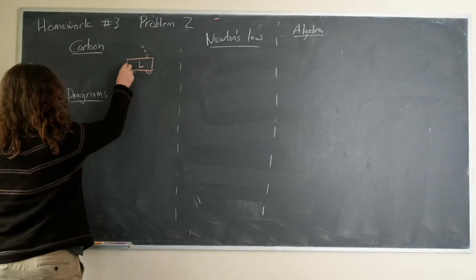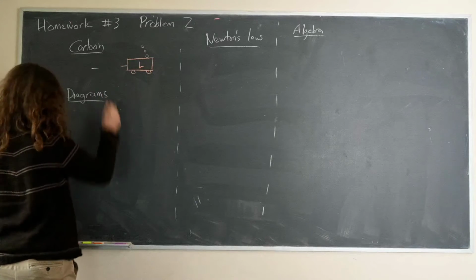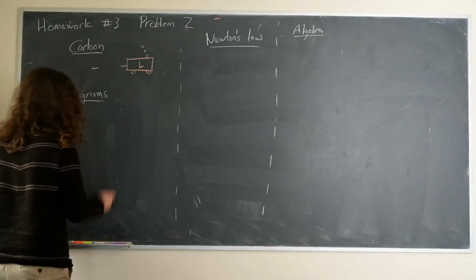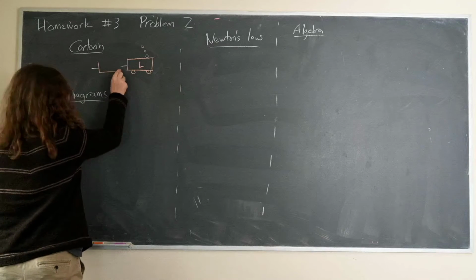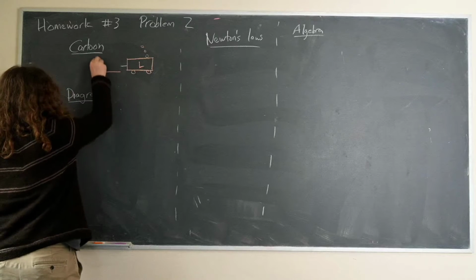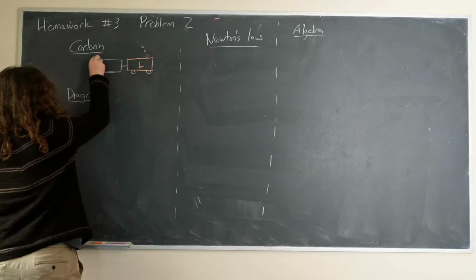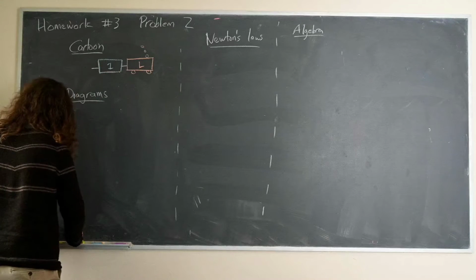It's pulling a train with 2 cars. We'll label these cars 1 and 2. This one we'll label as 1. And then the one behind it we'll label as 2.